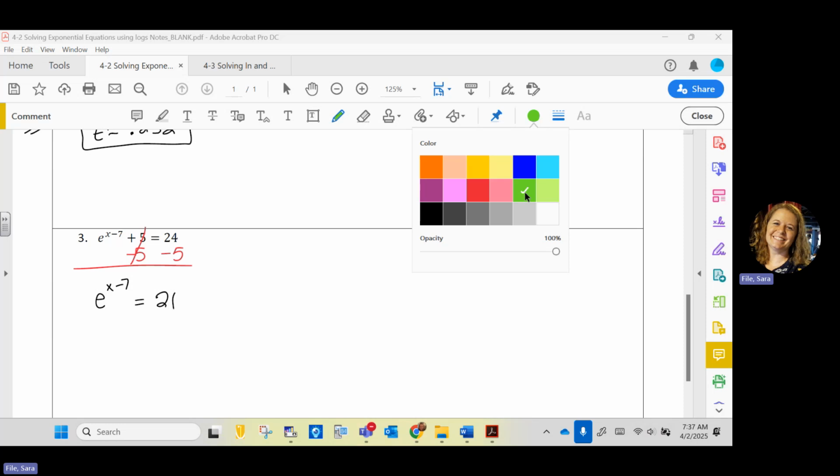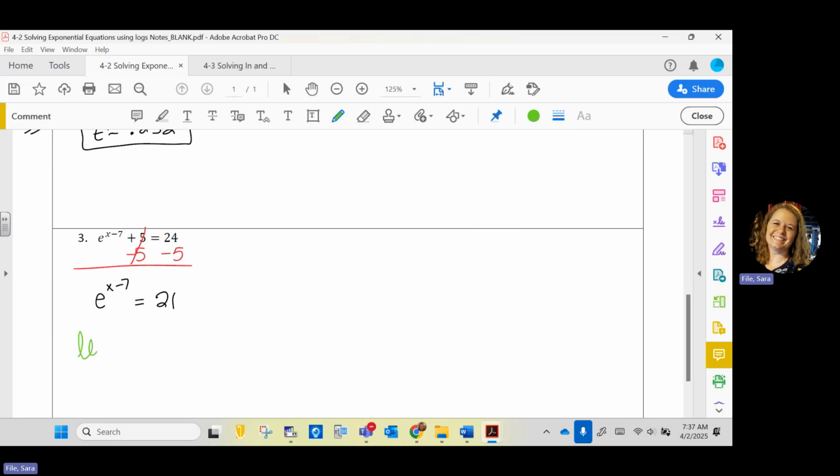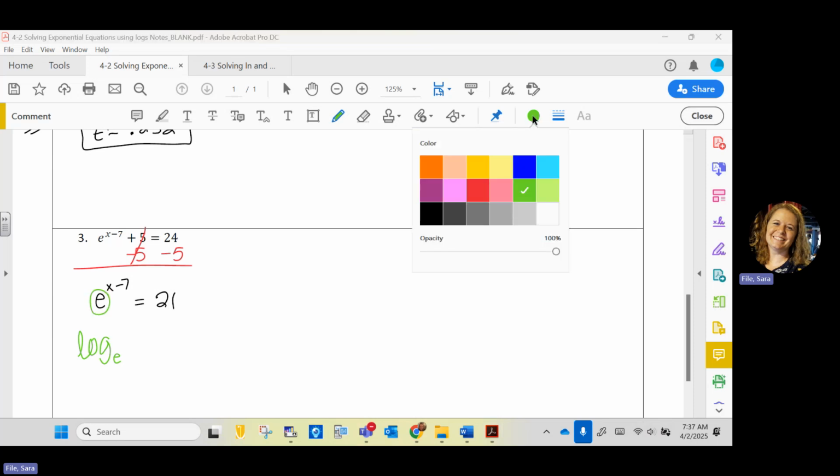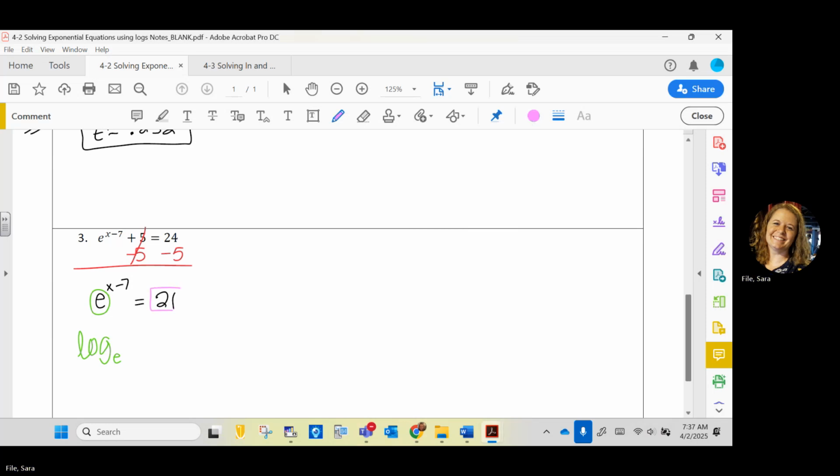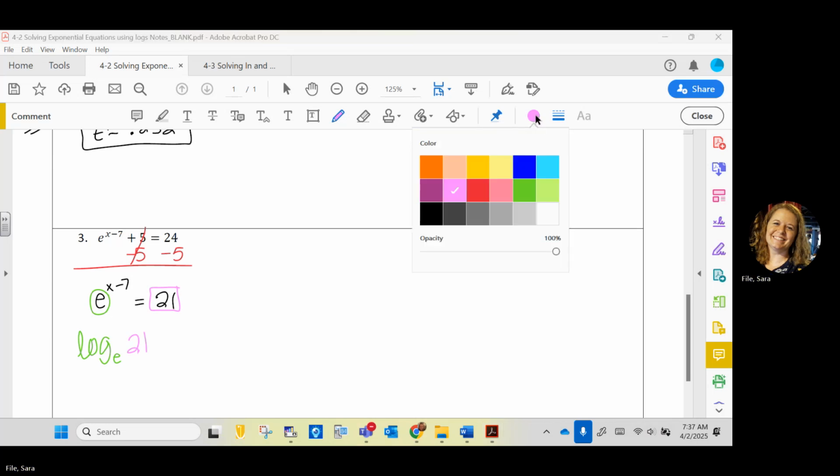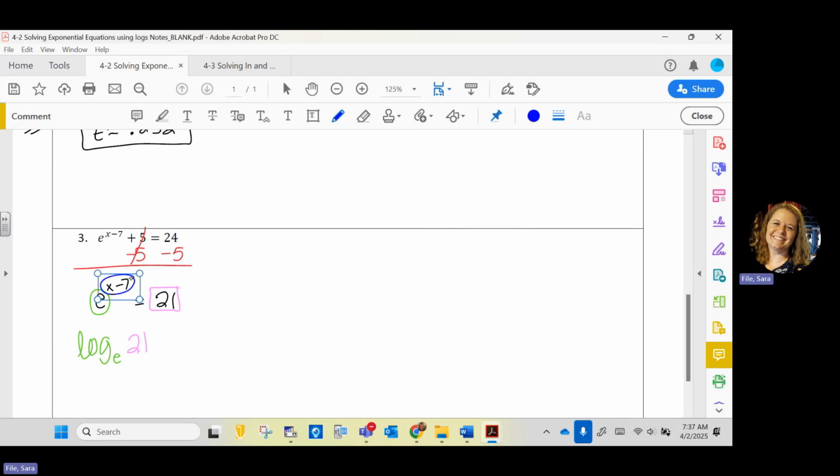I'm going to write this step showing log base e. Some of you are going to not have to show this step. You're going to jump straight to ln. Okay, and we're taking log of 21, and it's going to equal the exponent, which has that minus 7.